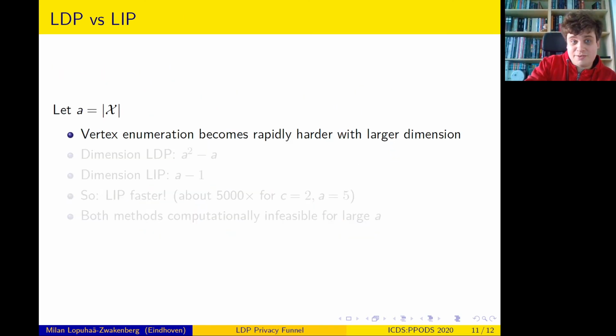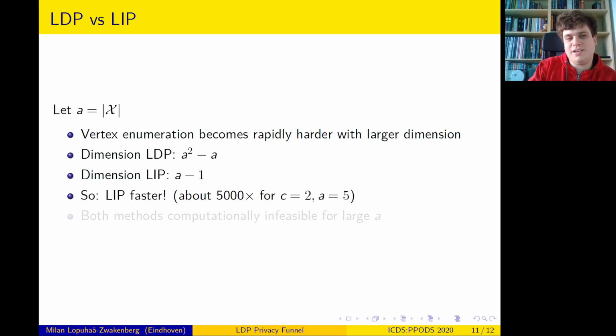Namely, vertex enumeration is a problem that can be solved, but it's hard computationally, and it becomes harder the larger your dimensions are, the larger the dimension of your polygon is. Well, if we then look at LDP and LIP, the polyhedron in LDP has dimension a squared minus a. This is the polyhedron delta that we discussed.